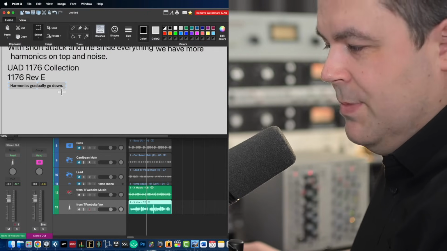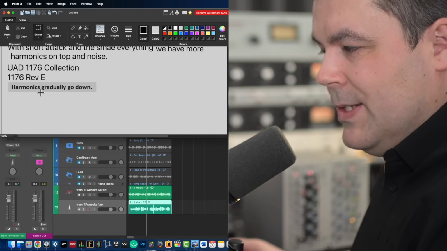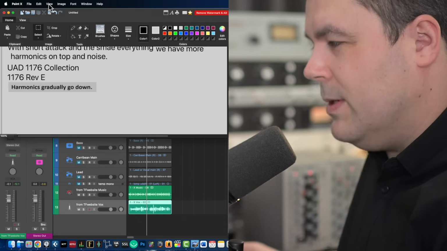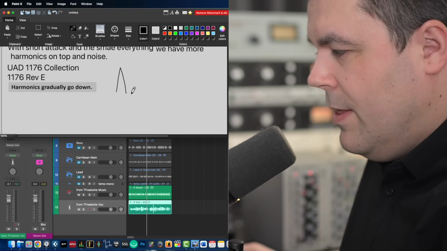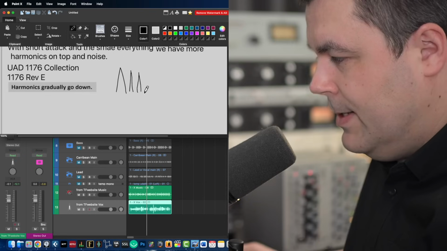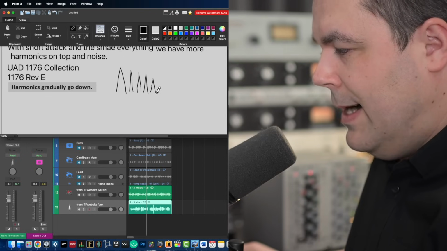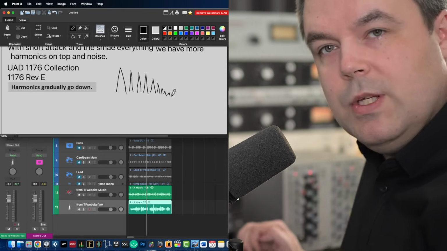What shocks me actually and surprises me completely: harmonics gradually going down. What harmonics gradually going down means, you have fundamental tone, then second harmonic quieter than fundamental tone, third quieter than second, and every next harmonic quieter than the previous one. So they have this sort of line of saturation for this compressor.